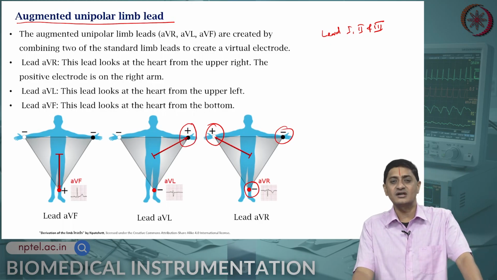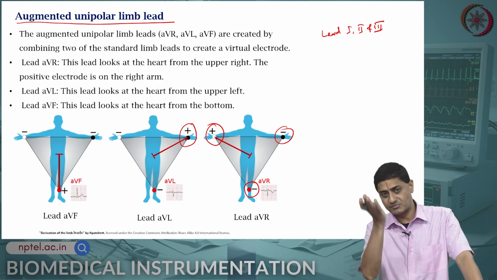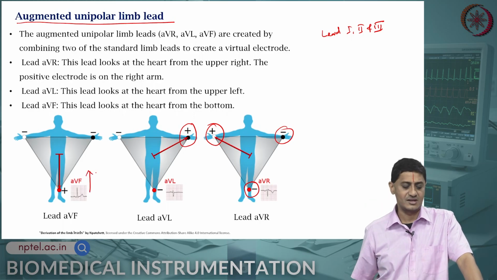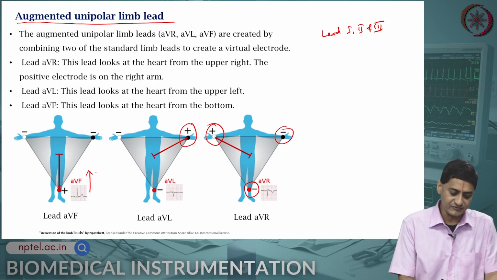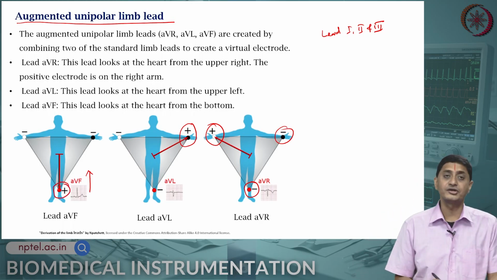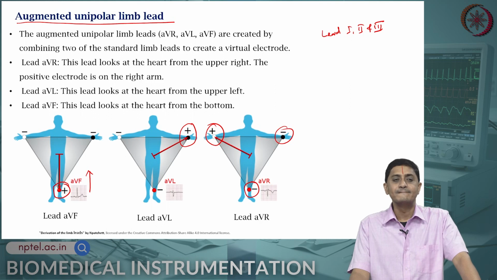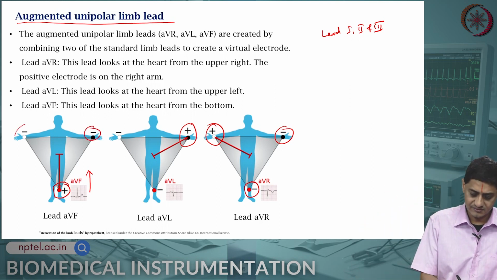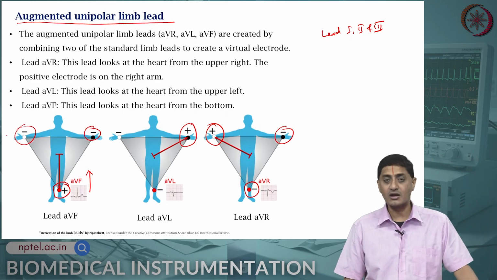AVF looks at the heart from the bottom. In this case, the positive electrode is on the foot, and there are two negatives. You compare it with respect to a common ground.